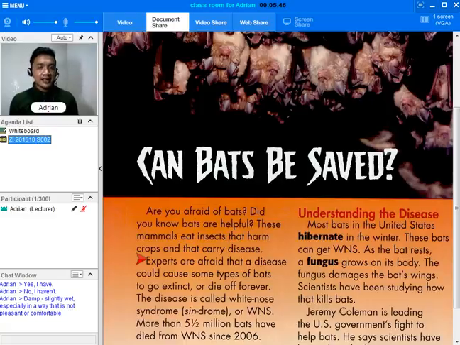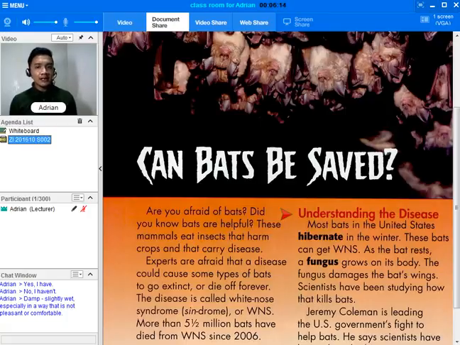Experts are afraid that a disease could cause some types of bats to go extinct or die off forever. The disease is called white nose syndrome, or WNS for its acronym. More than 5.5 million bats have died from WNS since 2006. Let's read further.